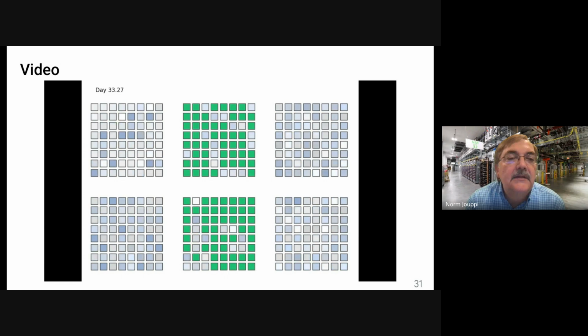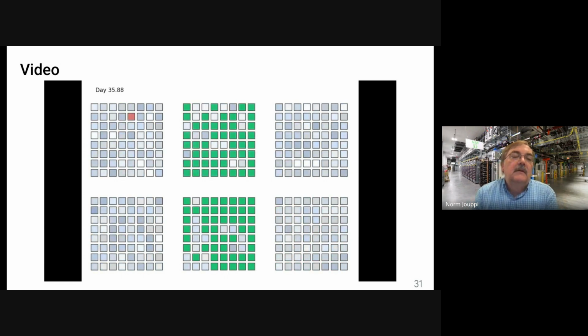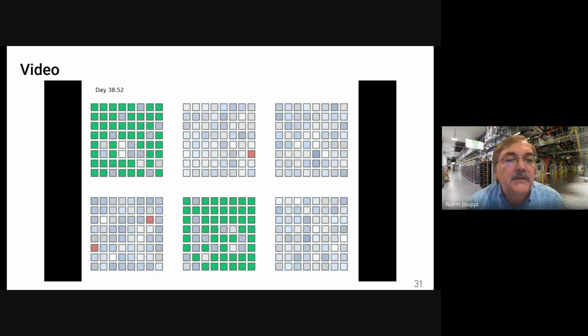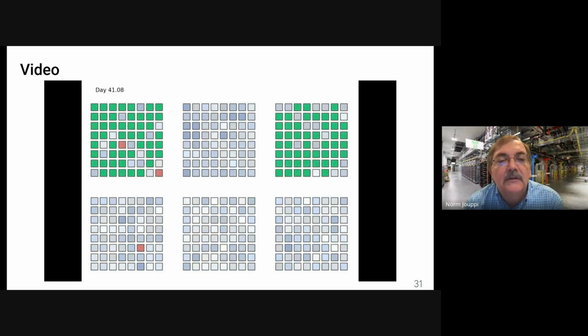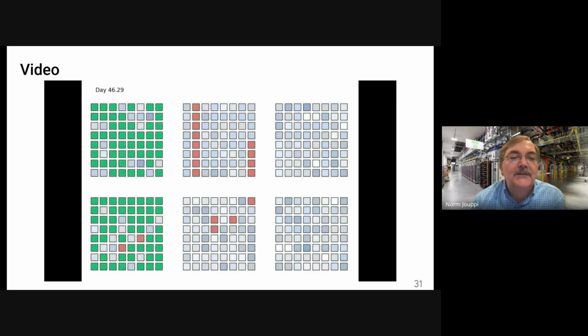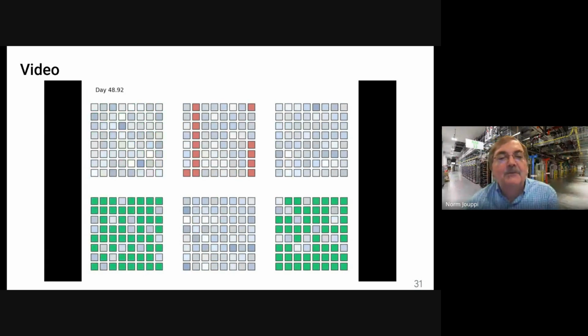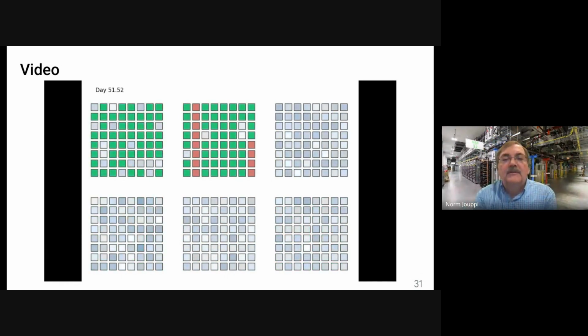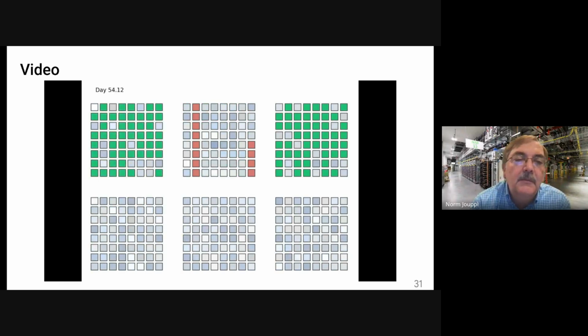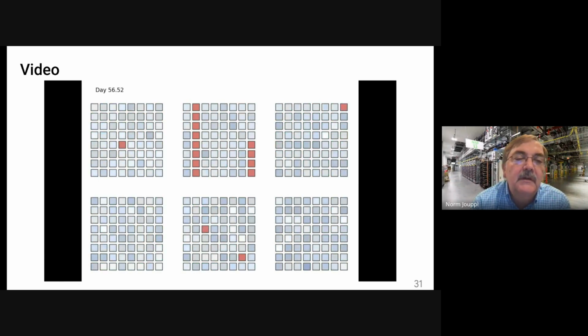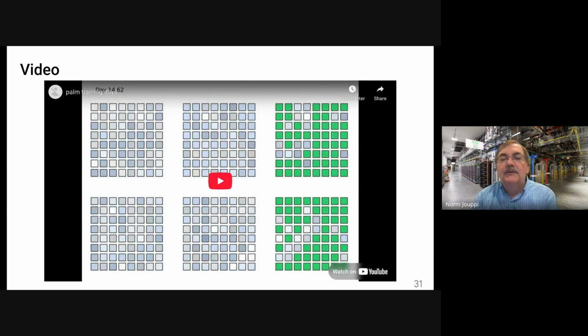And this is actually a job that took 56 days to run. So it's just a little mesmerizing to see. When you have a whole row of red ones, then it's probably a problem with the power, the bus bar, or something for that row. So by watching this, you can see what's going on in the data center.